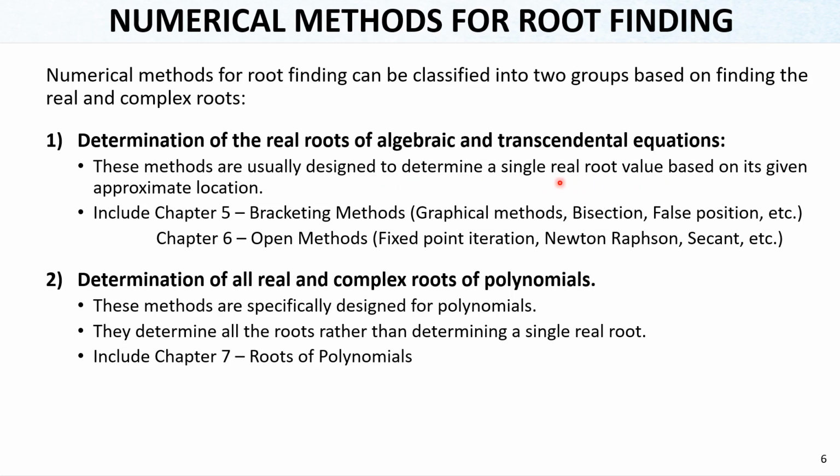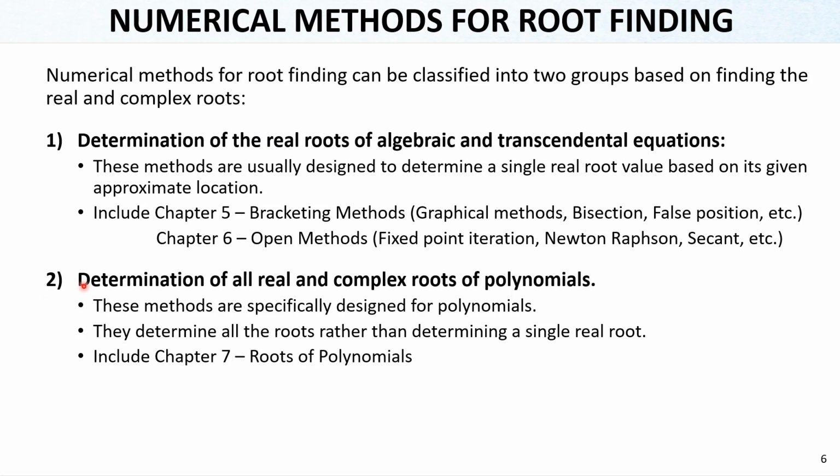Real means an actual root without any i, the complex root part. And these can be found based on its given approximate location. In chapter 5 and chapter 6, we have the bracketing methods such as graphical, bisection, false position, and in chapter 6 the open methods such as fixed point iteration, Newton-Raphson and secant methods. These are the methods used to determine the real roots.